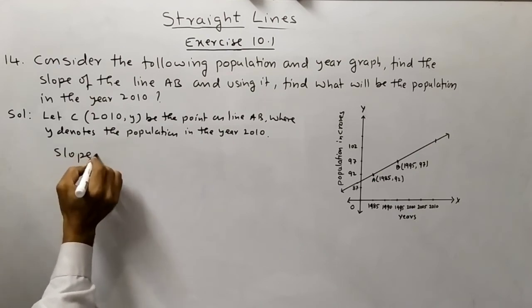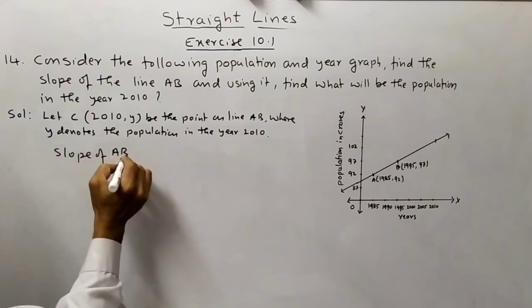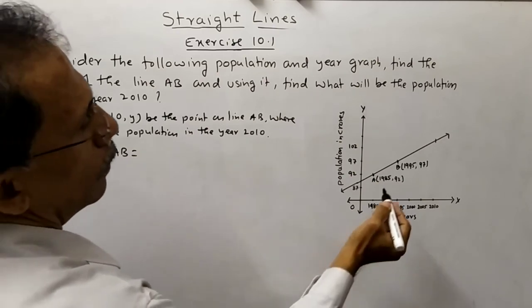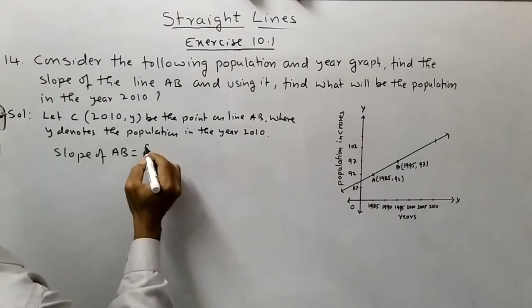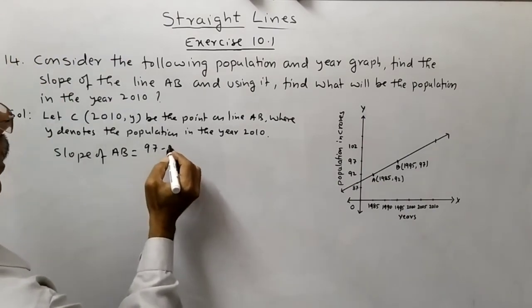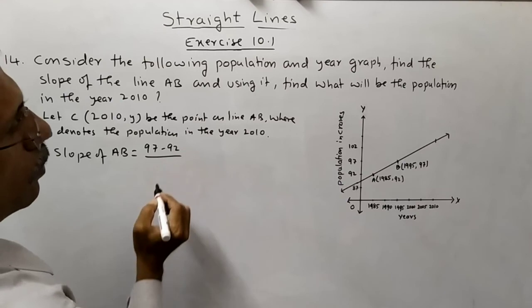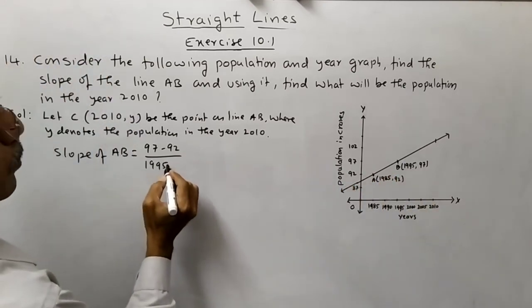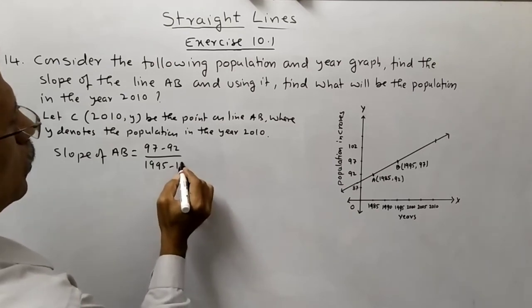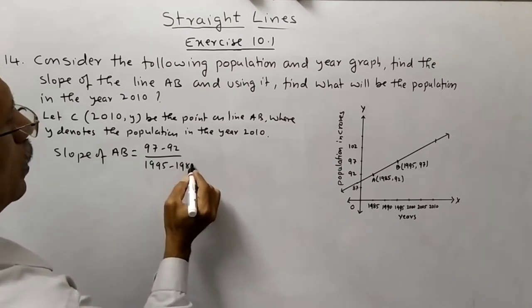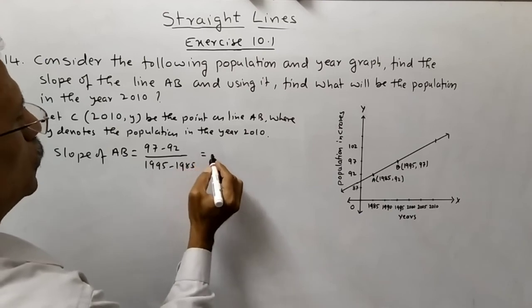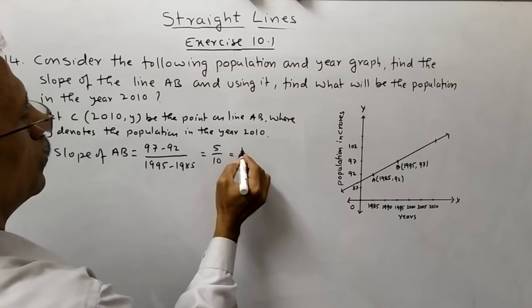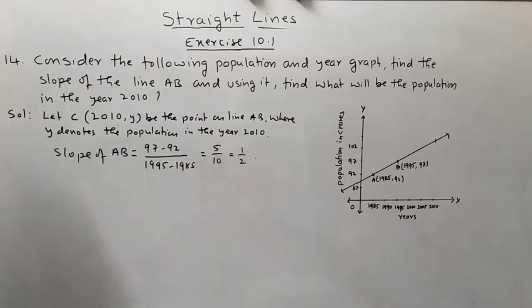Slope of AB is equal to 97 minus 92 divided by 1995 minus 1985, is equal to 5 divided by 10, is equal to 1 by 2.